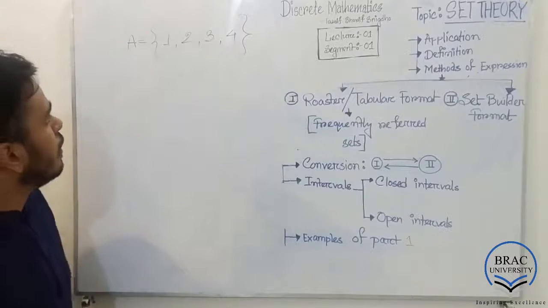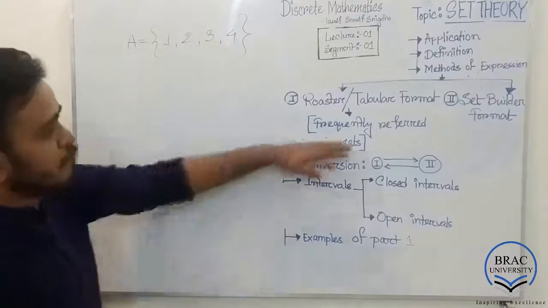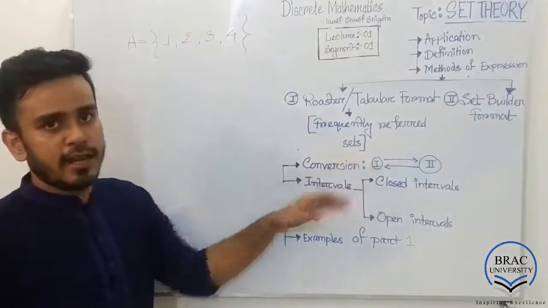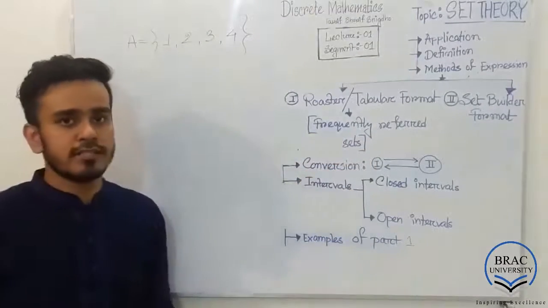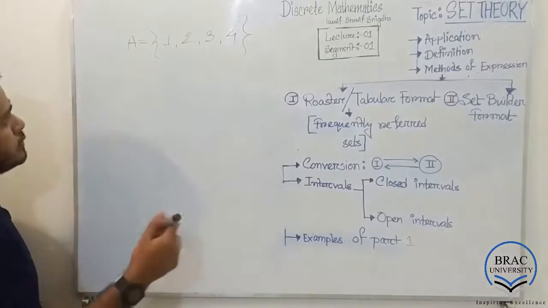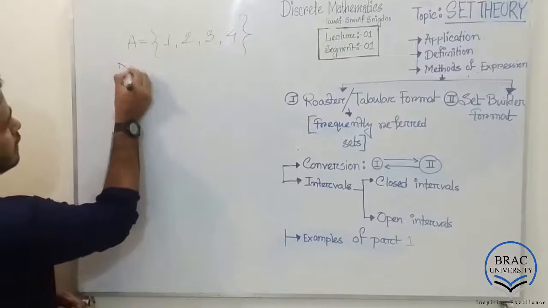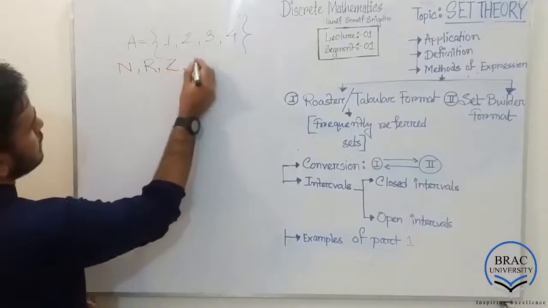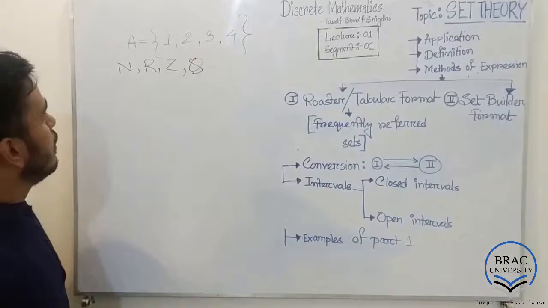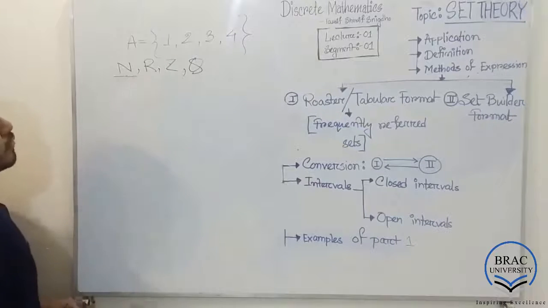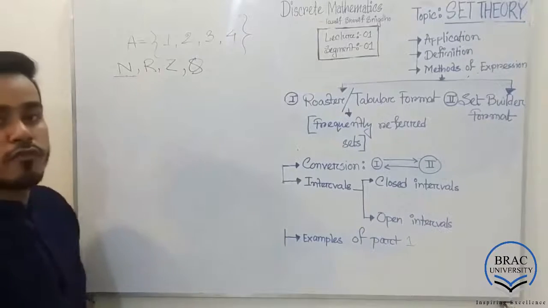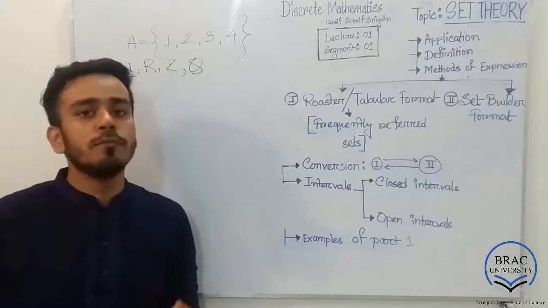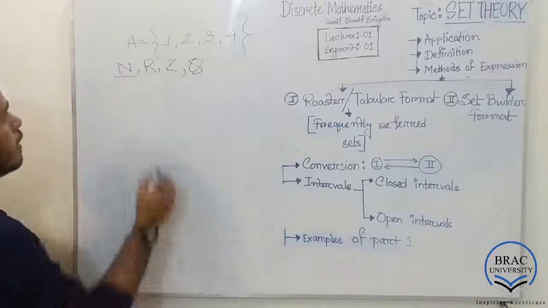So, there are some frequently referred sets, and we will encounter those sets throughout the semester, and those sets are capital N, capital R, capital Z, Q. Capital N refers to the set of natural numbers or all positive integers.